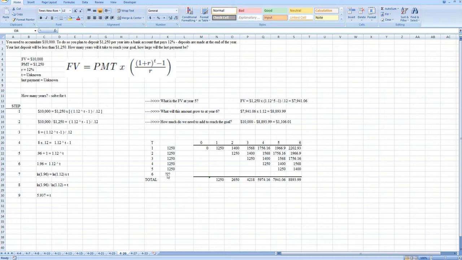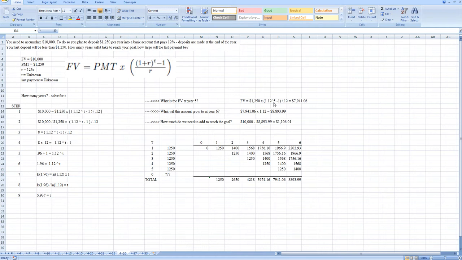So we have an unknown here. But what we want to know is what is the future value at the end of year 5? And so we can use this same future value of an annuity to tell us at least at year 5 how much money we will have. And so that future value is equal to our payment times the inputs, the 1.12, that is 1 plus the rate of return that we're getting on the bank account, to the power of 5.